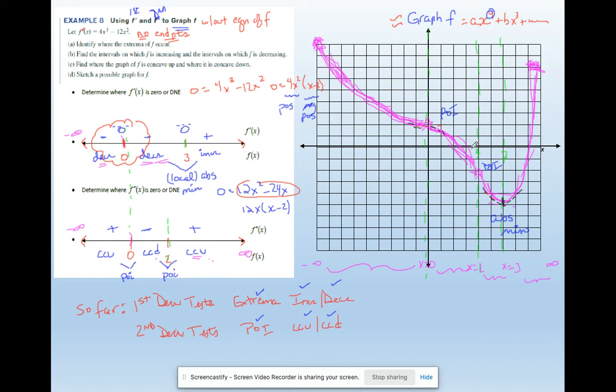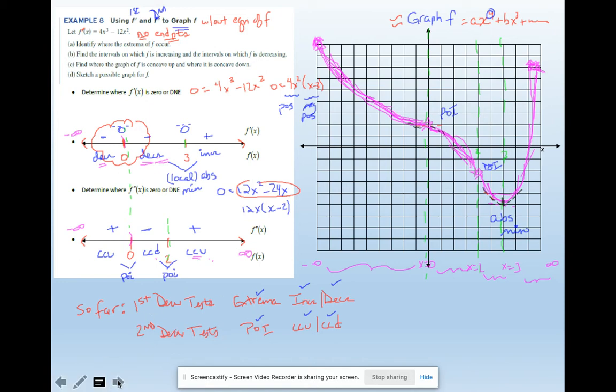Okay, so I have a pretty good picture of that x to the 4th, and I don't know what its equation is. The handouts that are linked on our page do give you a nice little wrap up.